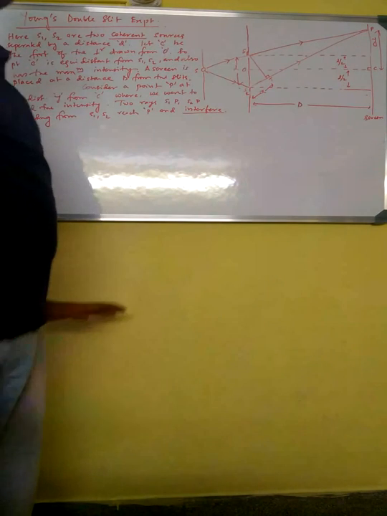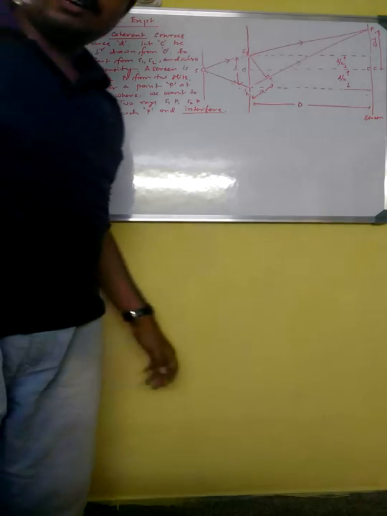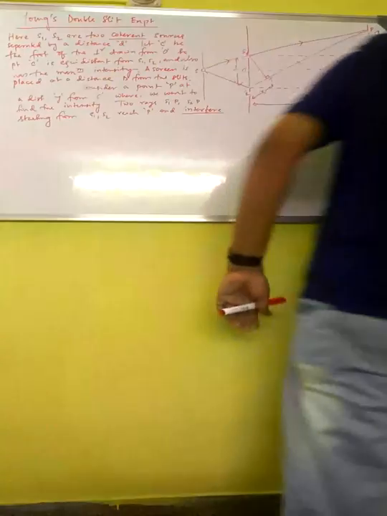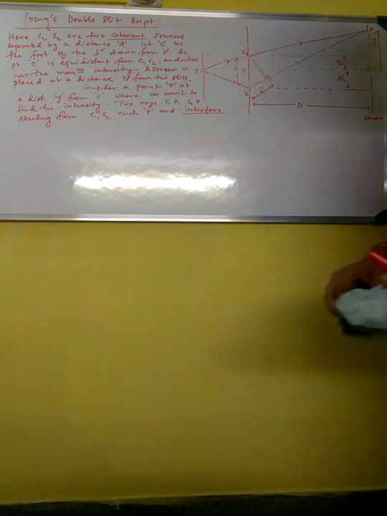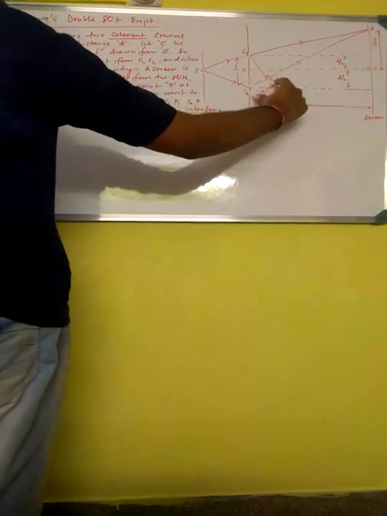So this is the introduction. Now the calculation. You can copy just this. Clear? So let us rub this out and find the path difference, which is this x.